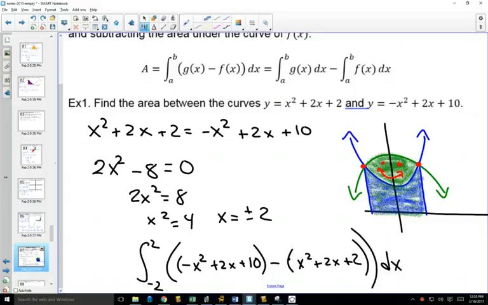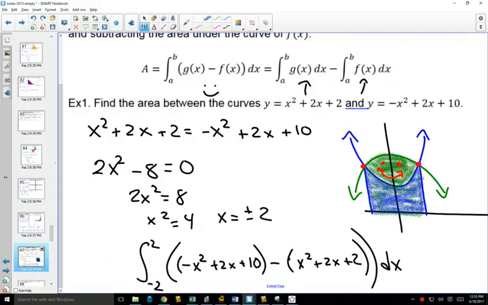Now you have a choice. You have a choice to separate them, not a good idea, and do each integral separately, or to just keep it together like the first one, because if you keep it together, there are some like terms.